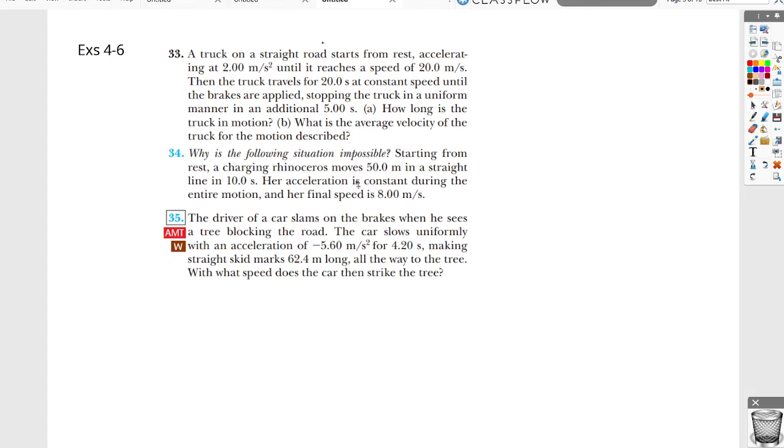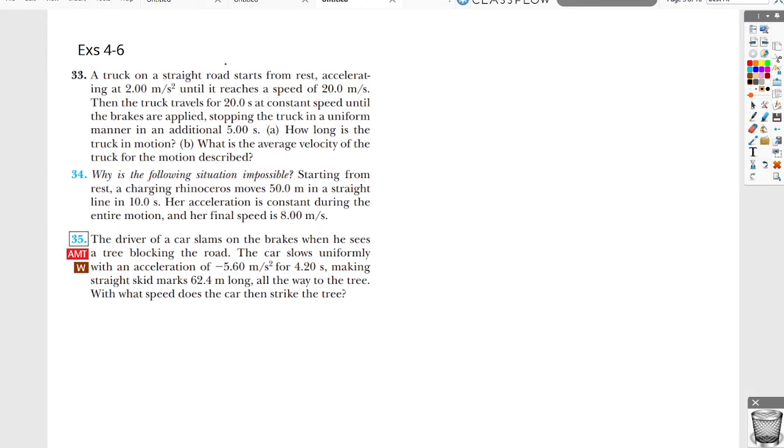Now examples 4 through 6. These are all examples of just me applying the formulas that I've already told you to solve the problem. So it'll just be really quick. Starts from rest, so v naught is 0. Acceleration at 2 meters per second squared, positive, until it reaches a speed of 20 meters per second.